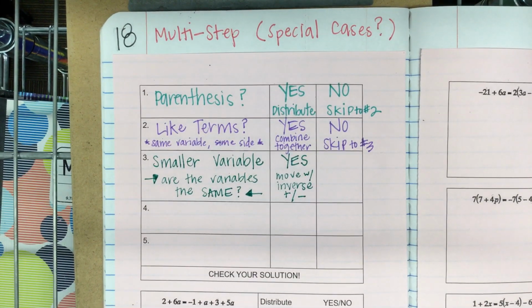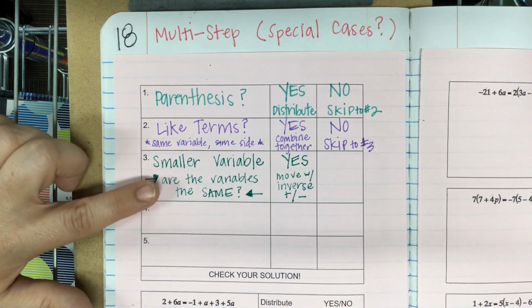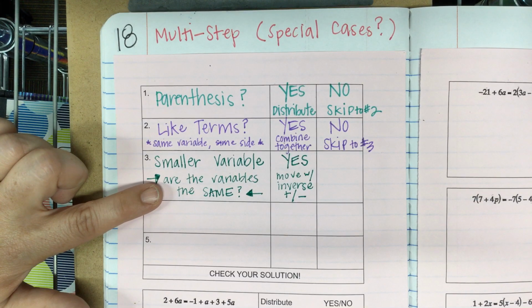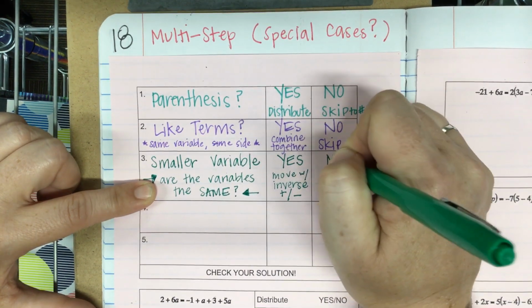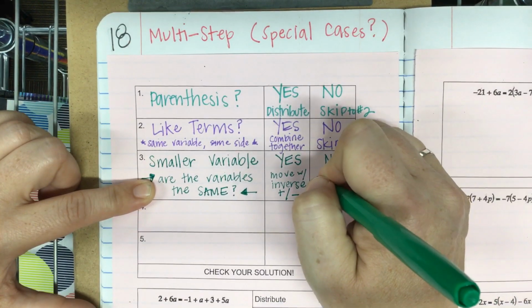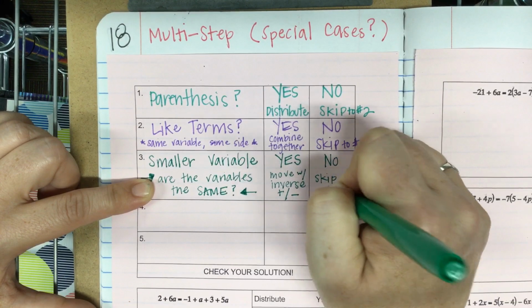If the answer is yes, there is a smaller variable, or yes, the variables are exactly the same, make sure you're adding in, are the variables the same. That's the new part today. If the answer is no, you're going to skip to number 4.